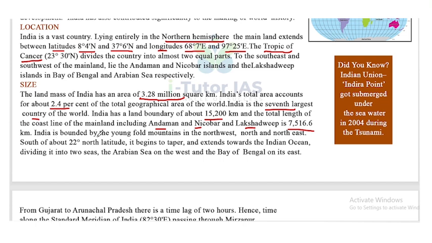India is bounded by the Young Fold Mountains in the northwest, north and northeast. South of about 22 degree north latitude, it begins to taper and extends towards the Indian Ocean, dividing it into two seas, the Arabian Sea on the west and Bay of Bengal on the east. So that's about the size.